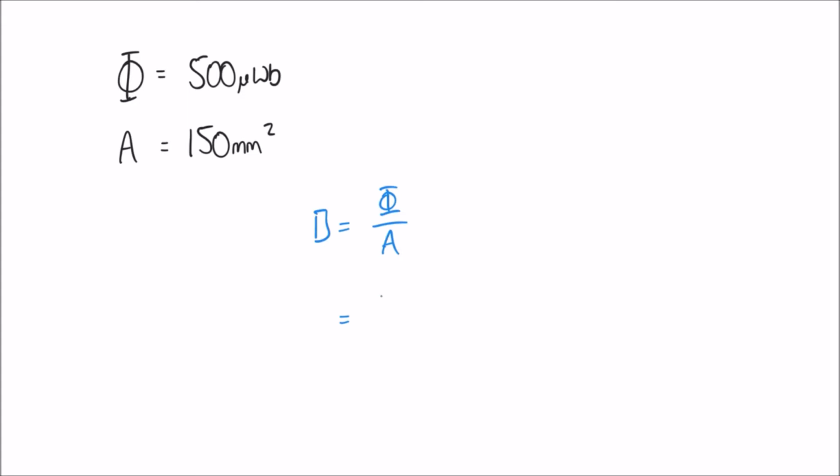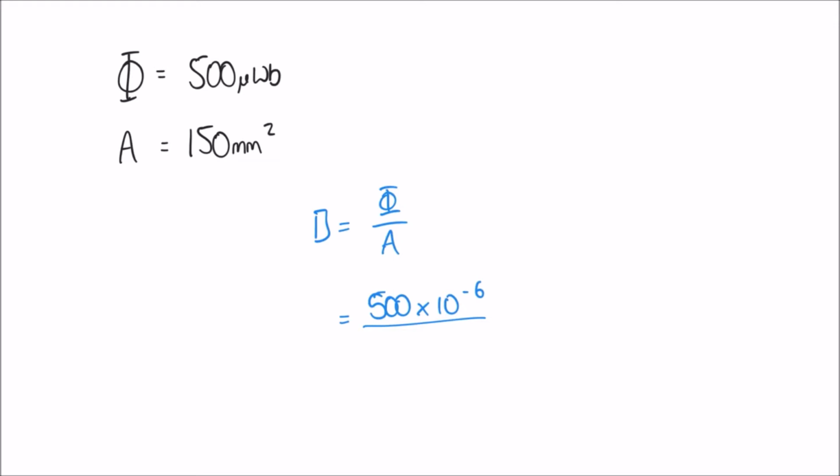So in our formula, we should say 500 times 10 to the minus 6 webers over the area, which is given in millimeters squared. Now our SI unit is meters. Something to be careful of here is that although there are 1,000 millimeters in a meter, there are 1,000,000 millimeters squared in a meter squared.